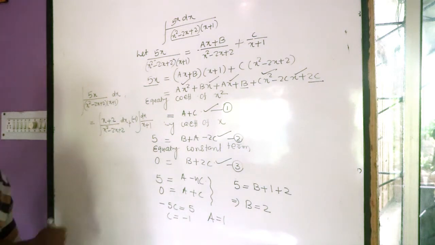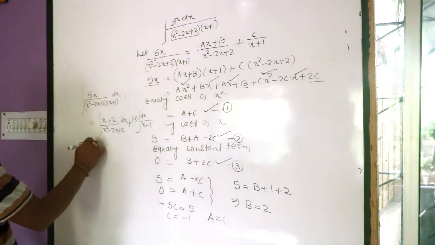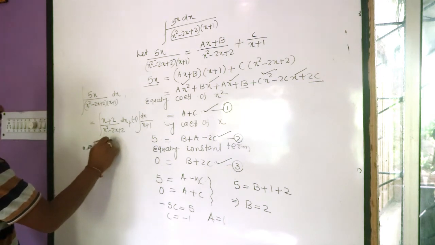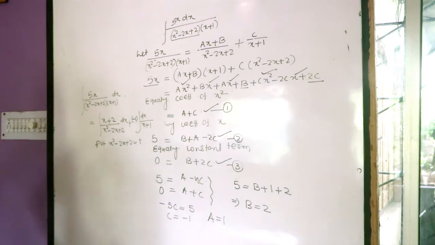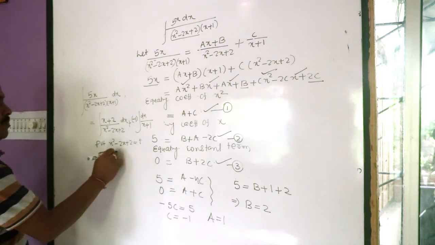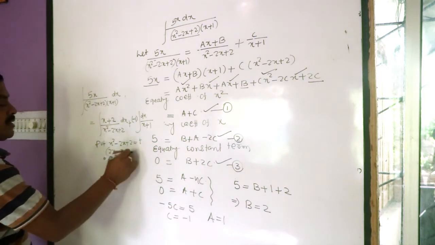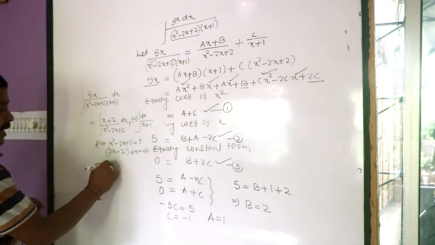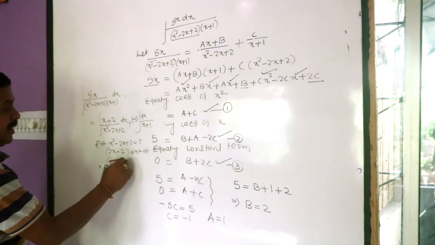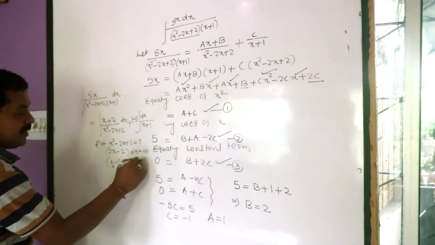Here the denominator is x squared minus 2x plus 2. Put x squared minus 2x plus 2 as t. Its derivative is (2x minus 2) dx equals dt, that is (x minus 1) dx equals half dt.